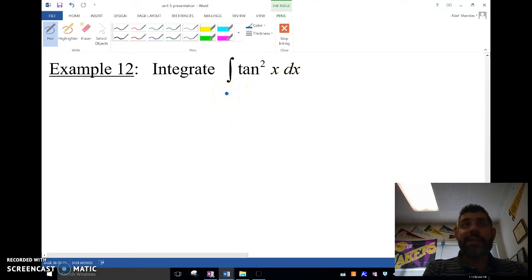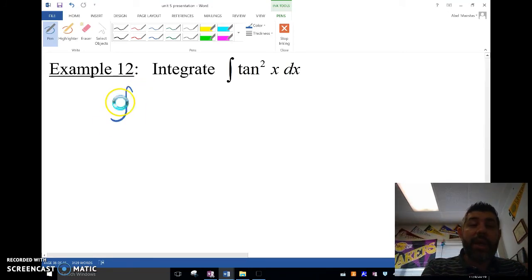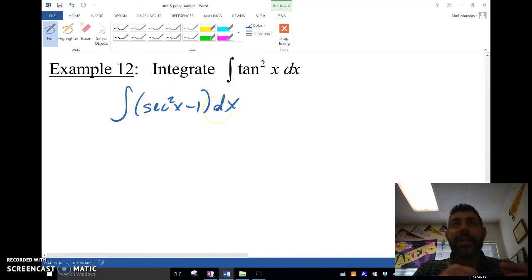If I do tangent and tangent, the derivative of tangent is still secant squared, so that doesn't help me. So I've got to reach into my bag of tricks here and use a trig identity. Tangent squared x is secant squared x minus 1.